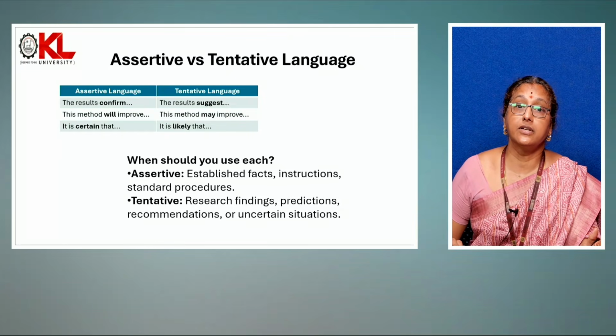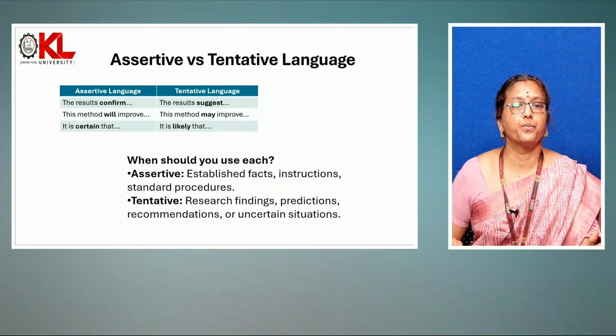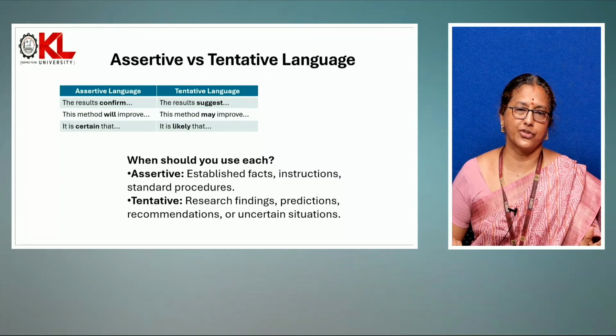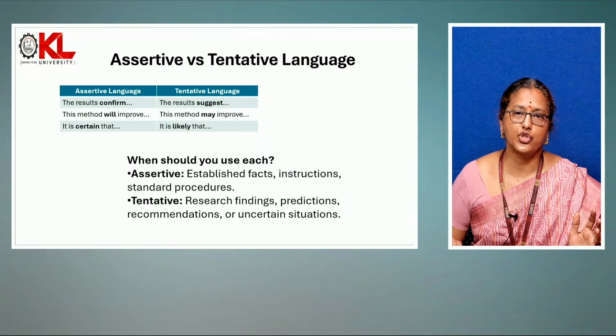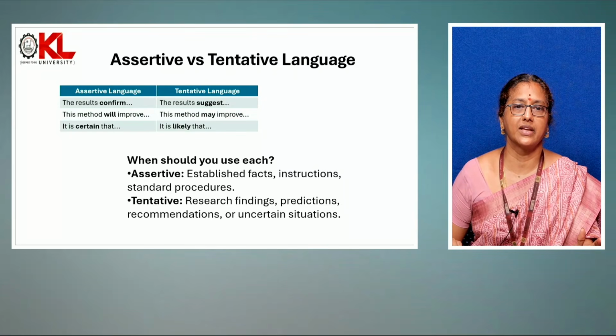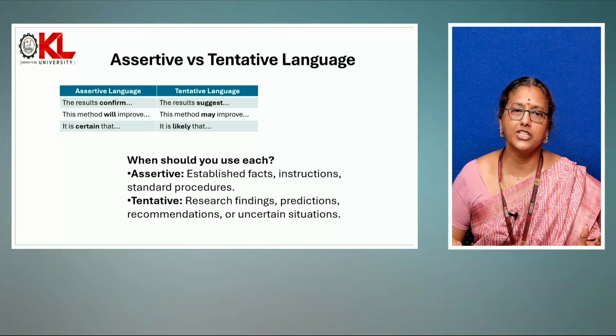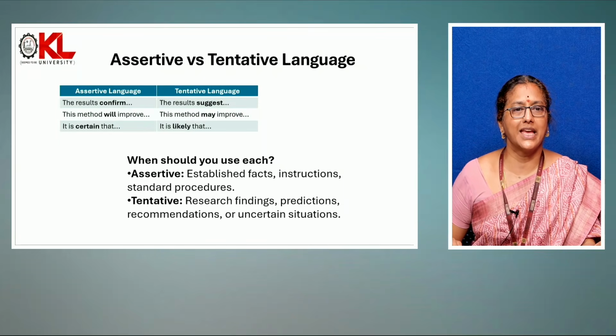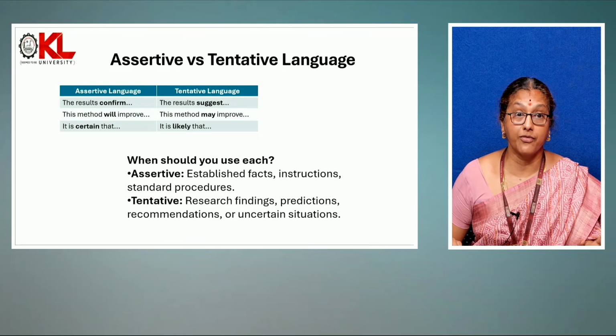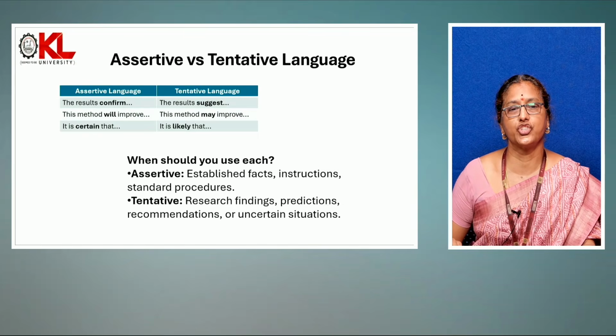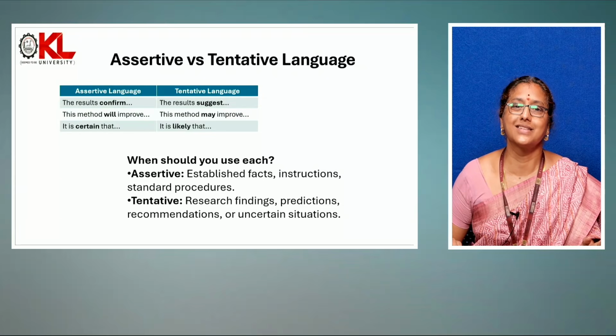Now, assertive versus tentative language. What is meant by an assertion? Something that we strongly want to impress is assertion. What is meant by tentative? There's a bit of doubt in what we say is tentative. The results confirm, that is assertion. Instead, the results suggest is tentative.